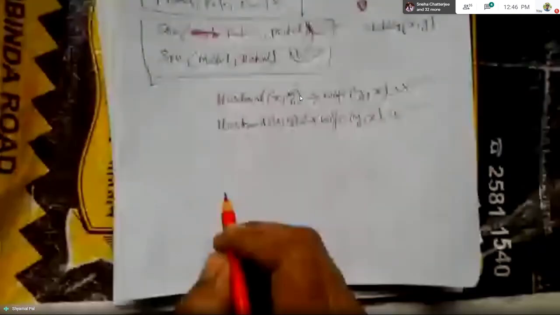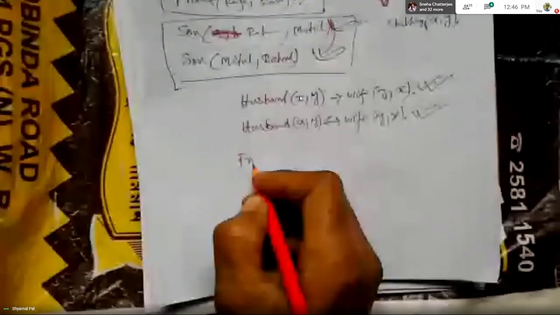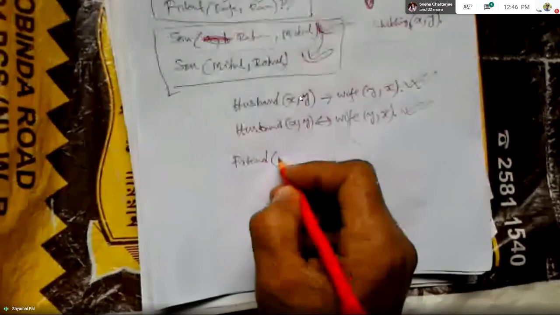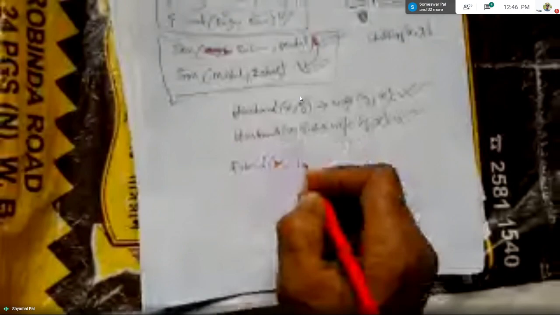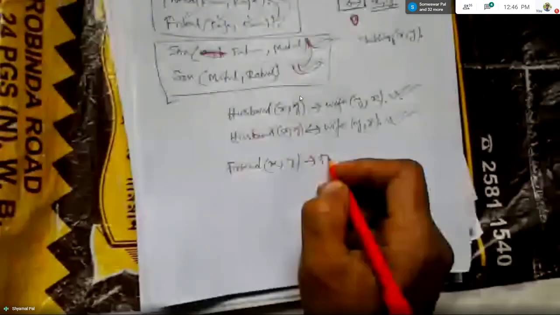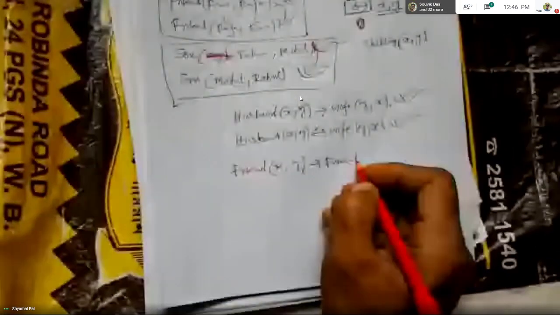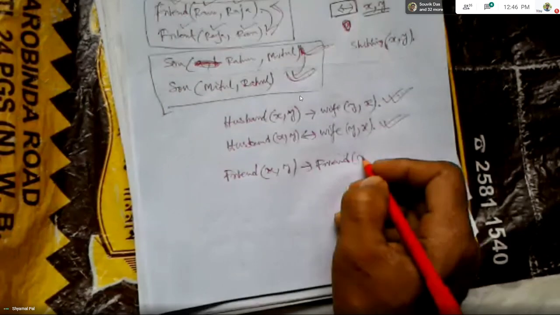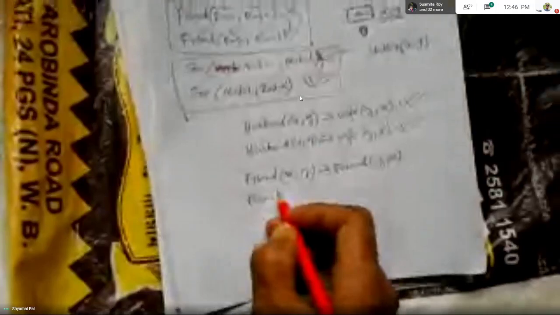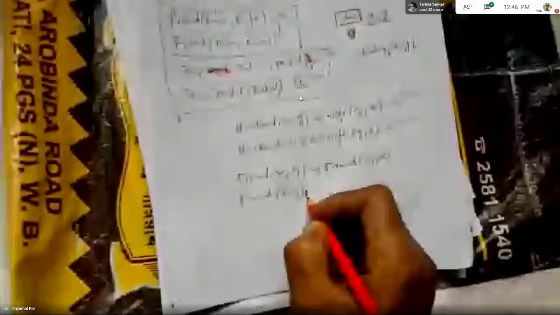Similarly, let me recall friendship. Friend(x, y): if x is a friend of y, I may say friend(y, x).